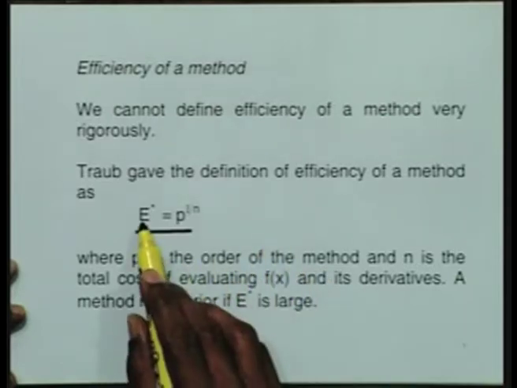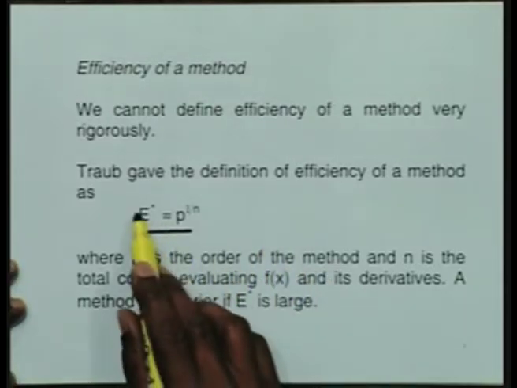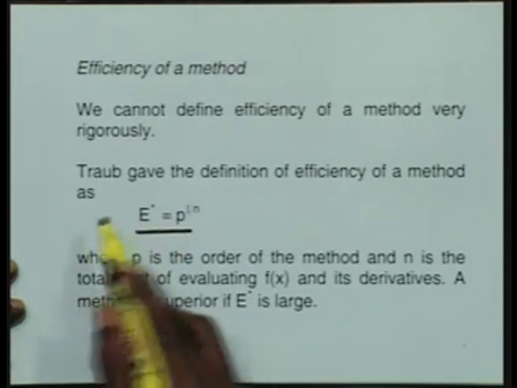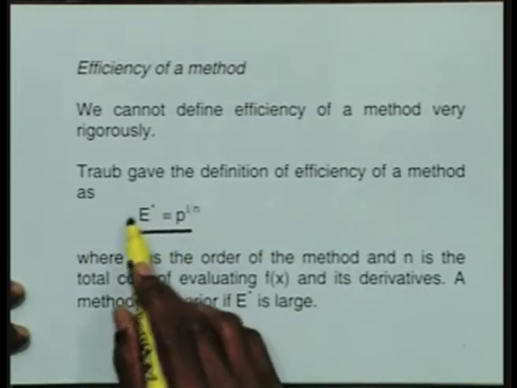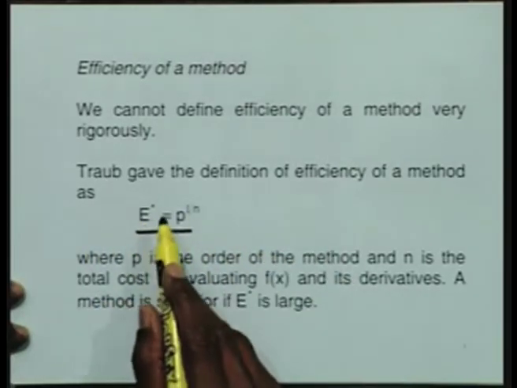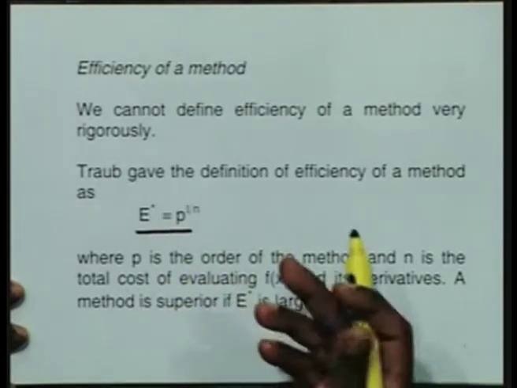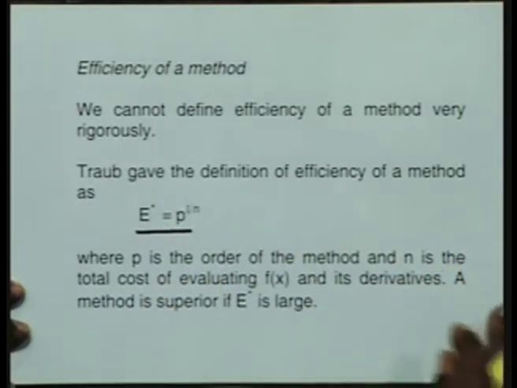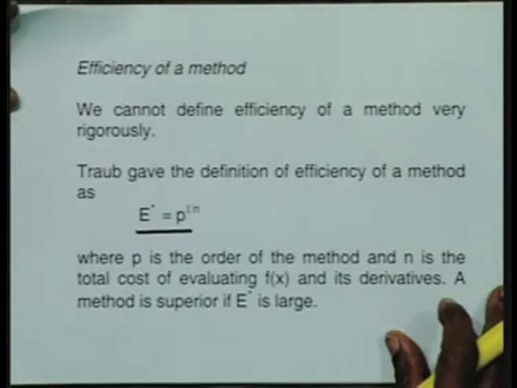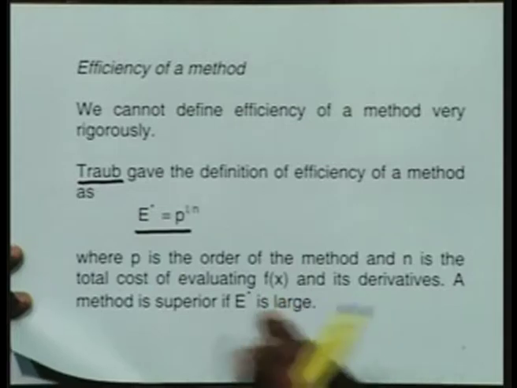Instead of this, you can as well take the logarithm, it is one and the same thing. If this number is large, then we say that the efficiency of the method is better. But I should say that this is not a rigorous way of approaching it, it is only a way of looking at these methods, and this was given by an author called Traub.